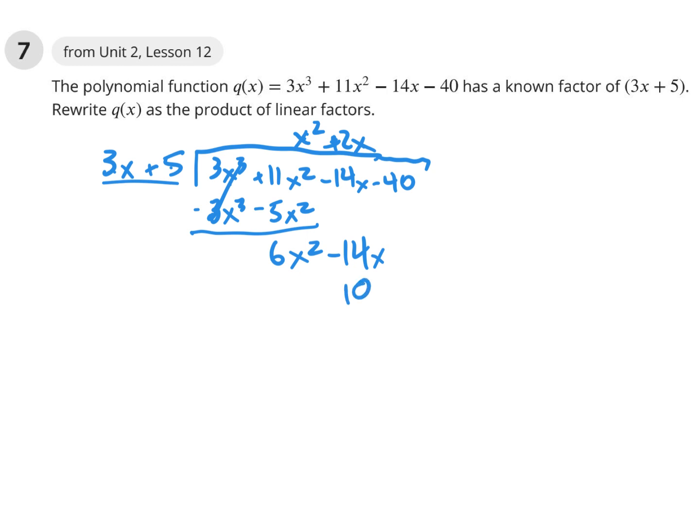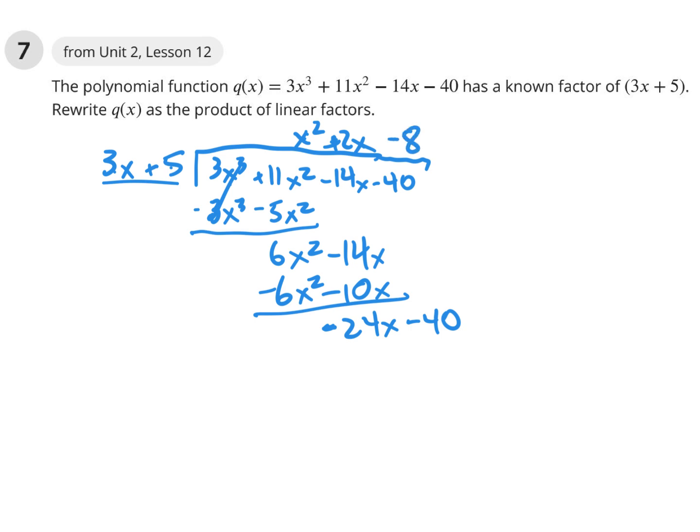2x times 5 is 10x. 2x times 3 is 6x squared. Change both signs. We get negative 24x minus 40. Now we have to multiply to match the first term. This is negative 24x.